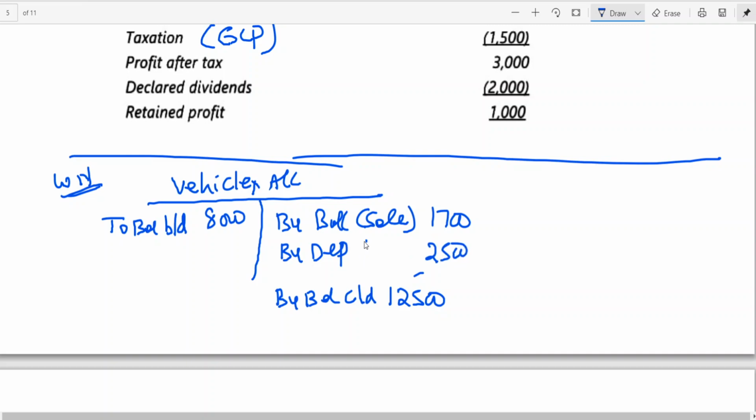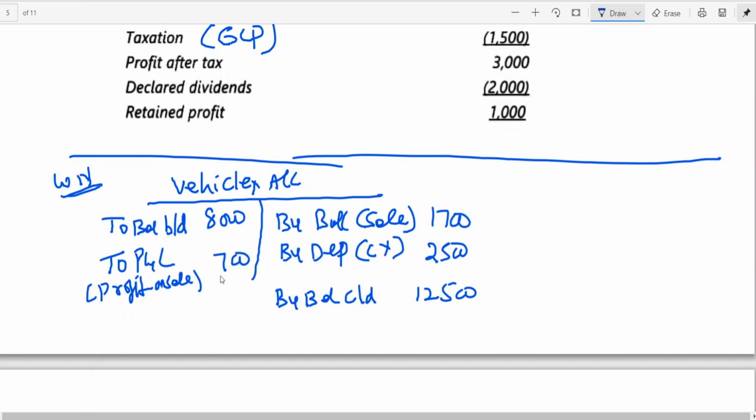This current year depreciation includes that on the purchase, if at all we are getting one, and also on the sale. These are the information that has been given in the problem. And you know that you got profit. Profit on sale will be credited to P&L. That is profit on sale. You got 700 rupees profit on sale.